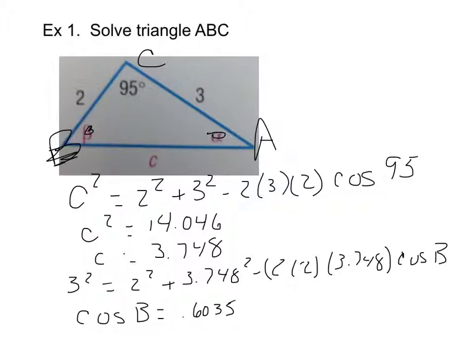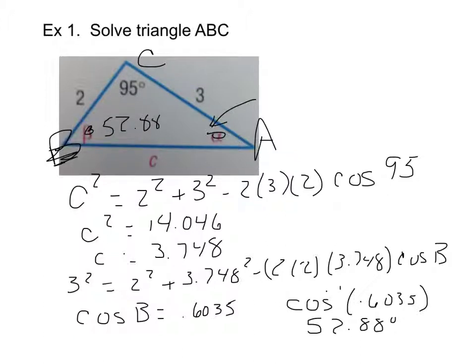Then I used the inverse cosine, and the inverse cosine of 0.6035 gives you angle B, which is 52.88 degrees. So now I know this is 52.88.